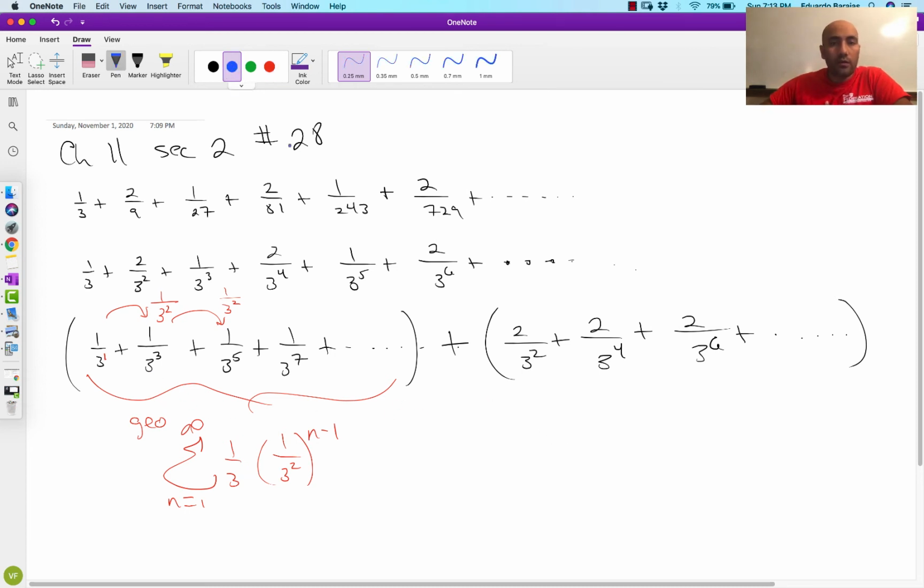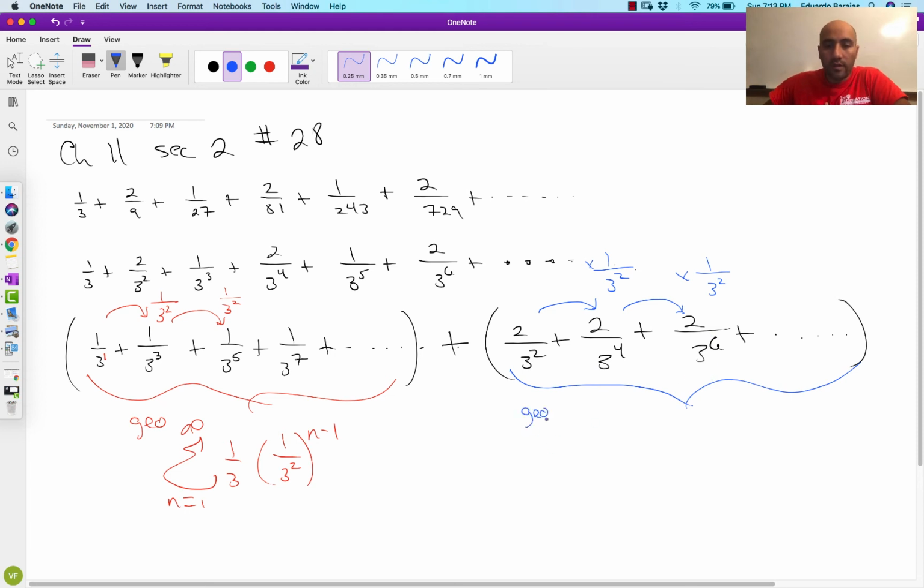And then over here, this is also going to be a geometric series, where to go from one term to the next, we multiply by the same thing, 1/3 squared. Right? This times 1/3 squared gets you 2/3 to the 4th. And this multiplied by 1/3 squared gets you to 2/3 to the 6th.